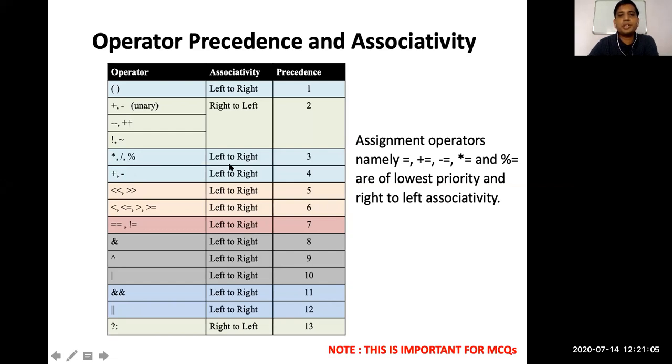It is decided by associativity. The leftmost operator has higher precedence than the rightmost, so it is executed from left to right. The leftmost operator executes, then the one to its right, and so on. So you have to remember the associativity of all the operators.